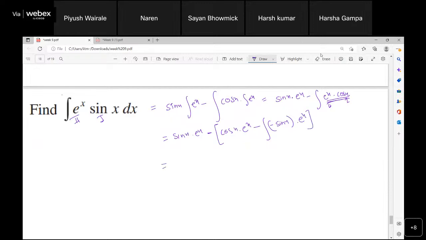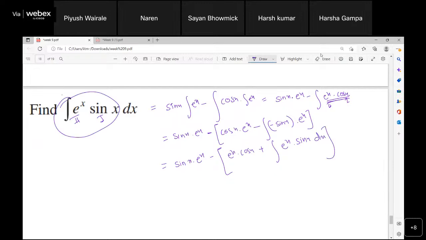So just simplifying it, sin x into e to the power x minus e to the power x into cos x plus, this is not an integral, this is a bracket, right? Plus integral of e to the power x into sin x dx.